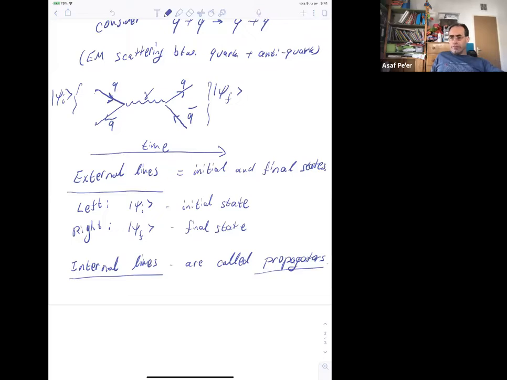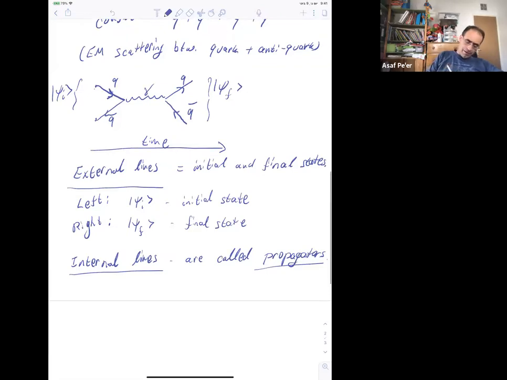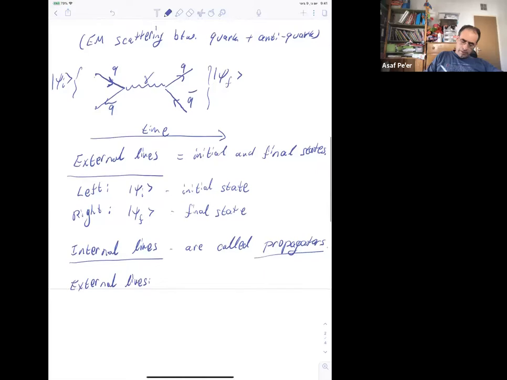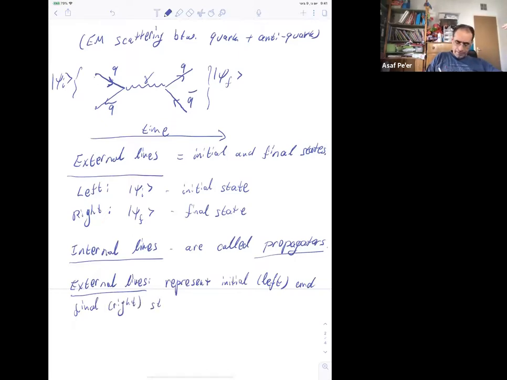This is a quantity that we can measure in the lab. So external lines represent initial (left) and final (right) states of particles.